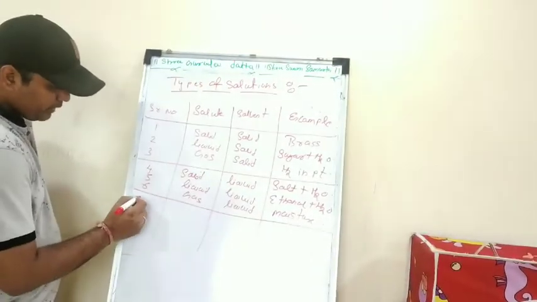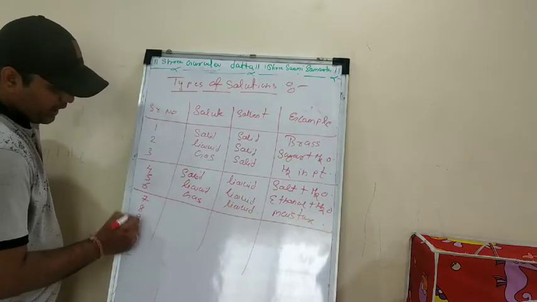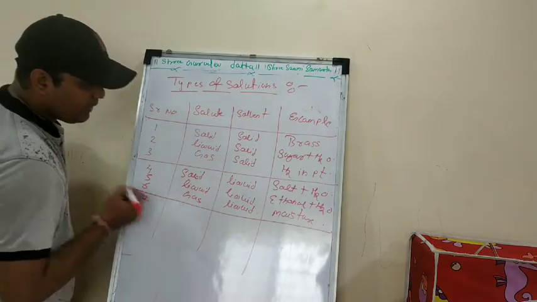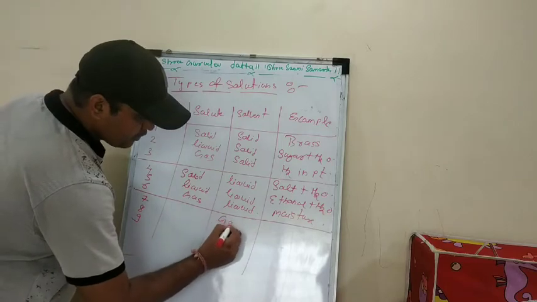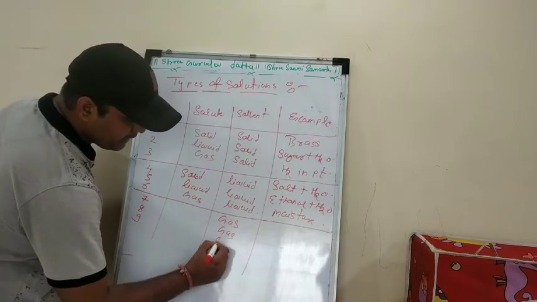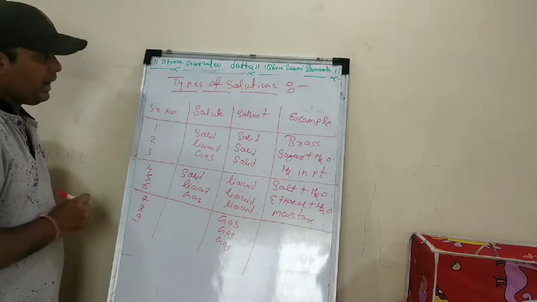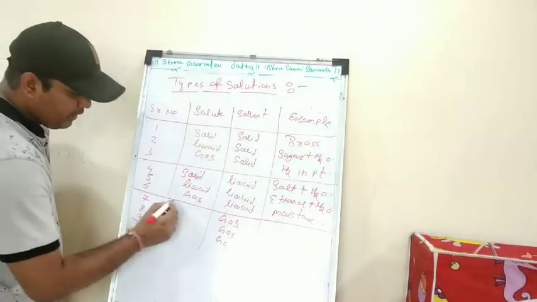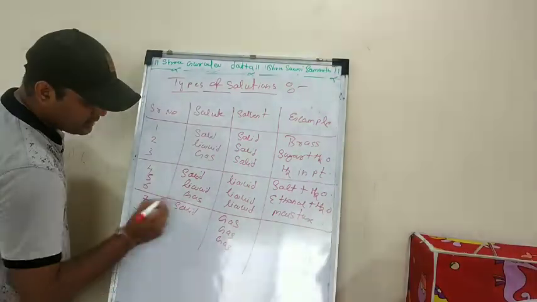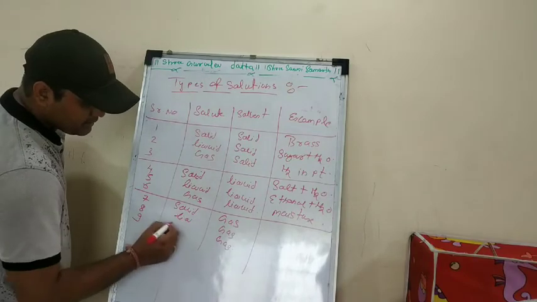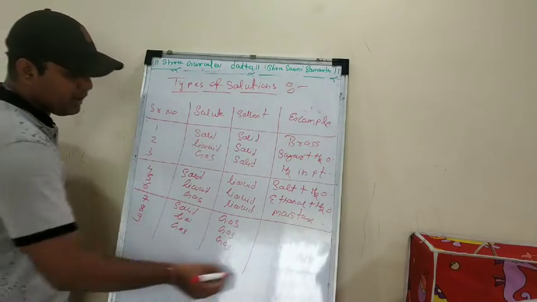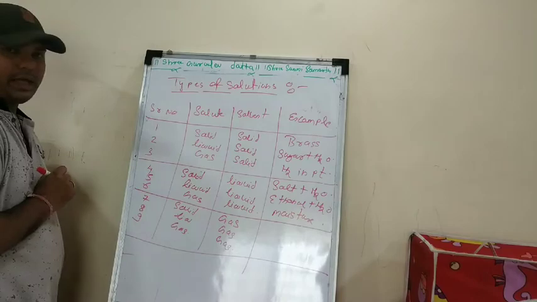Then 7th one, 8th one and 9th one. Here I am going to change the solvent phase again. So let's say the solvent phase will be gas, gas and gas, right? Now here the solute phase will be solid, liquid and gas. Now what can be an example of this solid in gas?